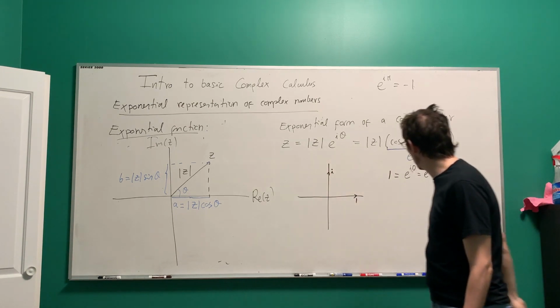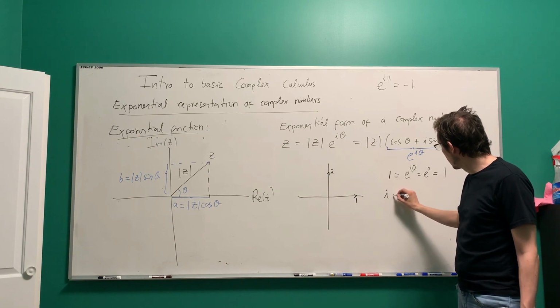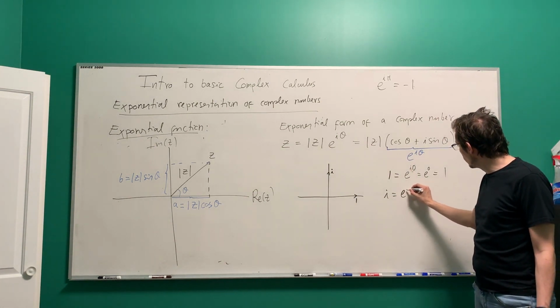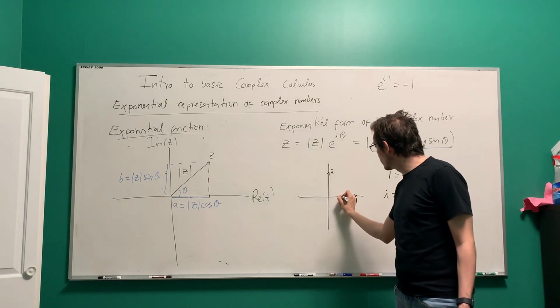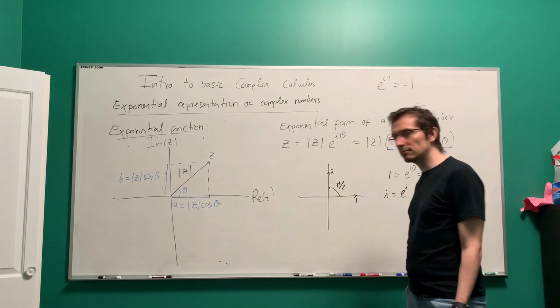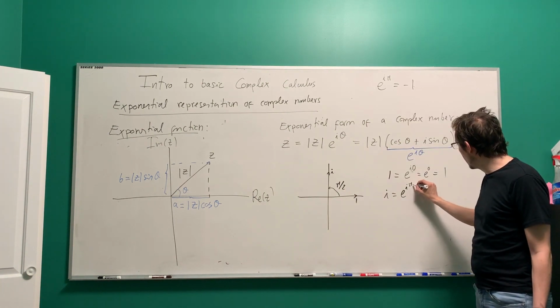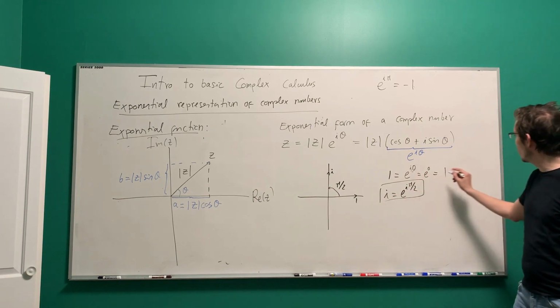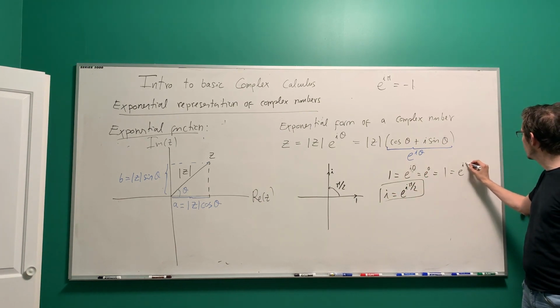This is the number i in the complex plane. The modulus of i is also 1, so it's e to the i theta. What is theta? In this case, theta is pi over 2, right? So it's e to the i pi over 2. So nice. i is e to the i pi over 2. Oh, by the way, 1 is also e to the i 2 pi.